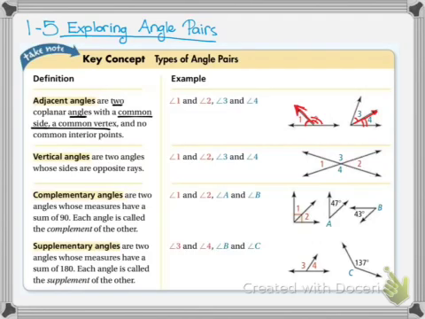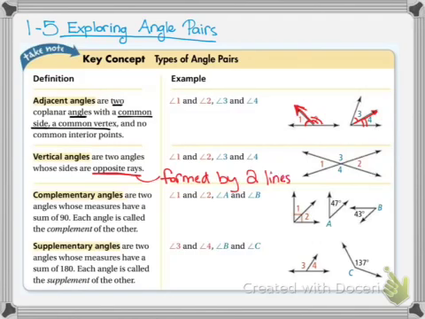Okay? Vertical angles. Vertical angles are two angles whose sides are opposite rays, meaning that the vertical angles are formed by two lines, okay? So formed by two lines. That's another way to think of it. Two intersecting lines.